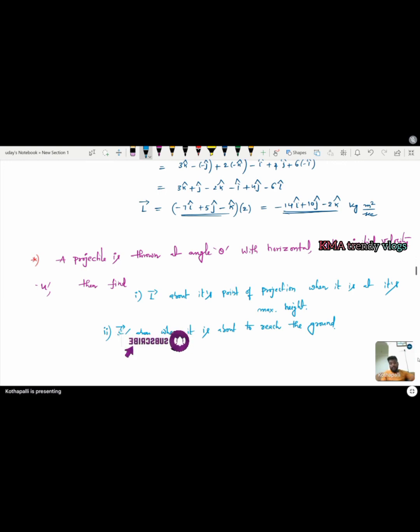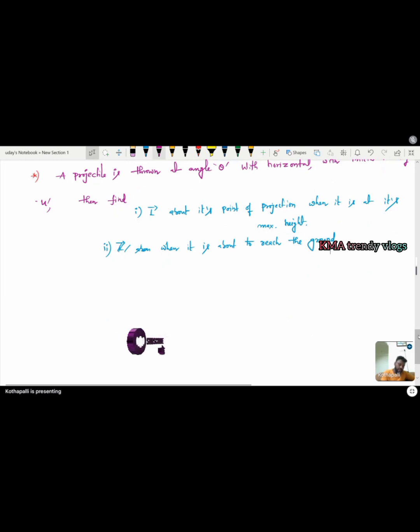Okay. So if you draw the diagram of this projectile case, it looks like this.